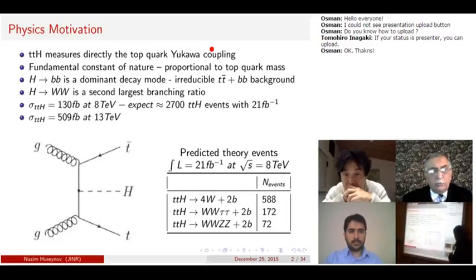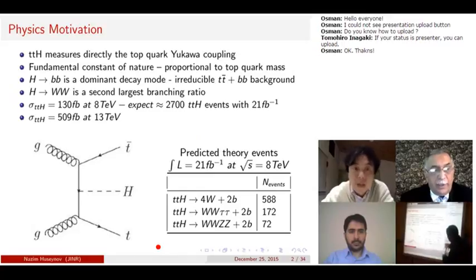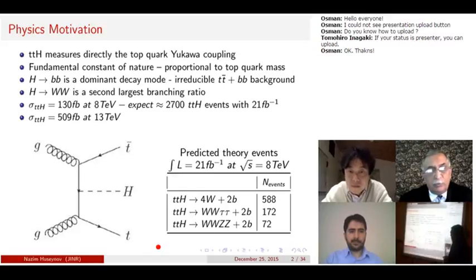Okay. On the left side of the slide, you can see the Feynman diagram of the production of the Higgs boson associated with top and anti-top quarks.